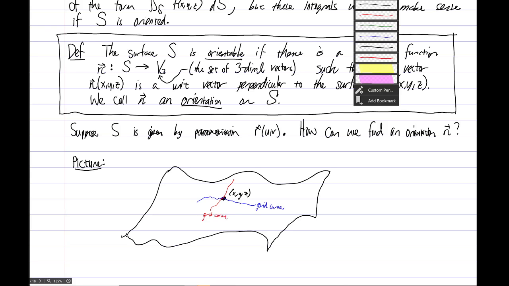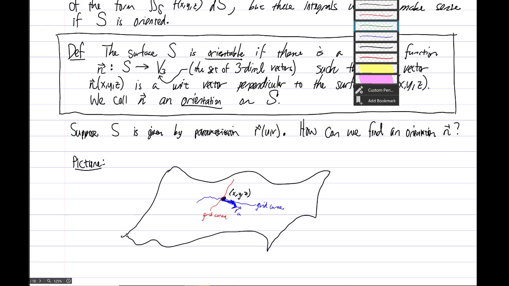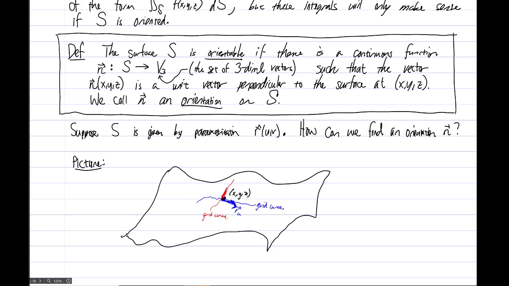When you compute the partial derivative of r with respect to u, maybe you end up getting this vector that's instantaneously in the same direction as the grid curve. If you compute the partial derivative with respect to the other variable v, you're going to get an arrow that's instantaneously pointing in the direction of the other grid curve.